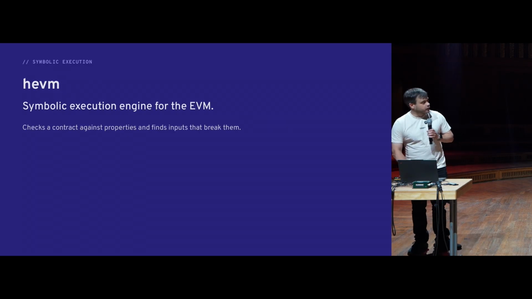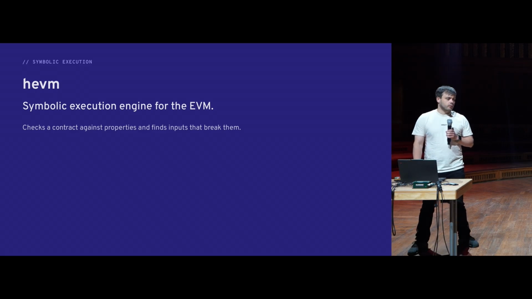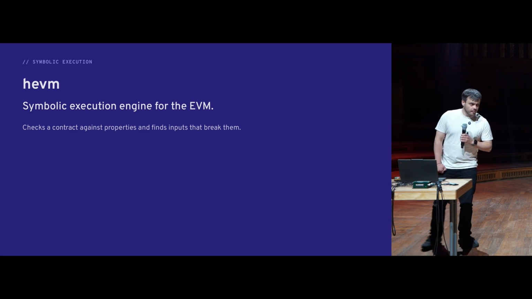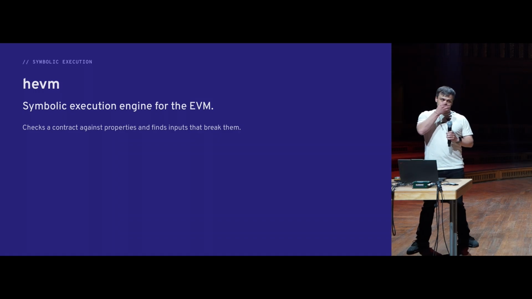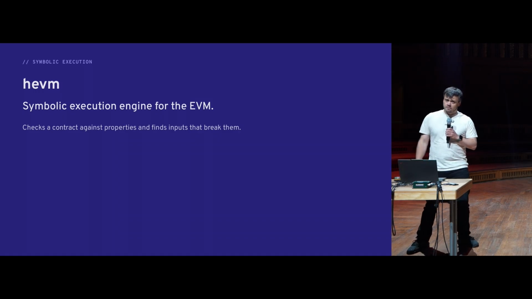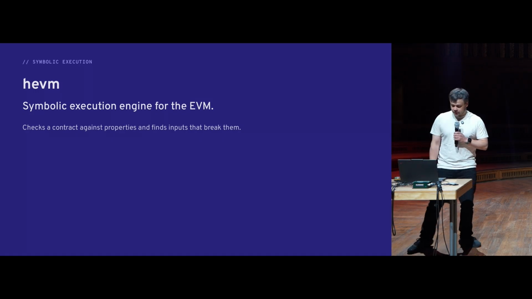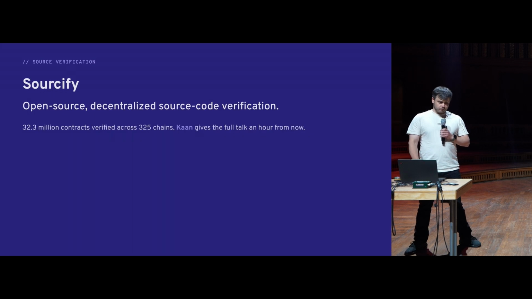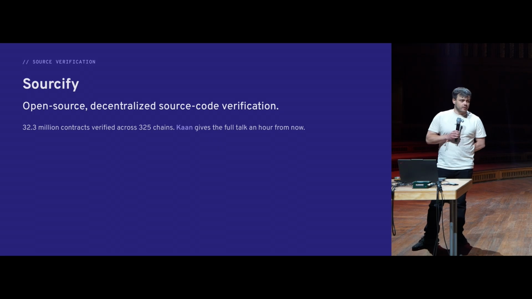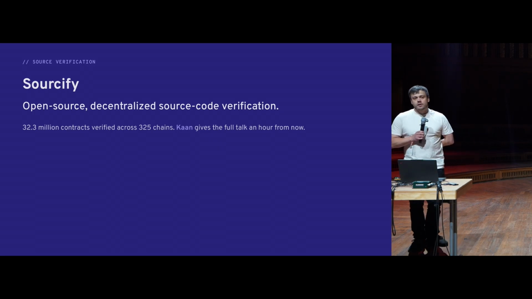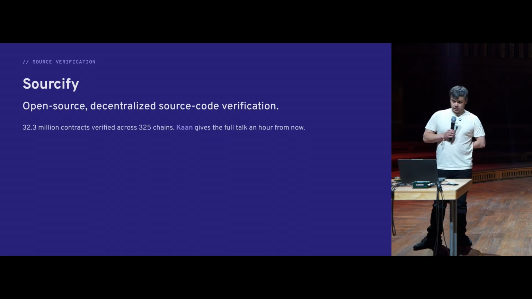Lastly, I'll just quickly go over the projects that we're working on. We have hevm, which is a symbolic execution engine for the EVM. For example, the tool Echidna is built on top of this. We have Sourcify, which I hope most of you know what it is. It's an open source, decentralized source code verification tool.